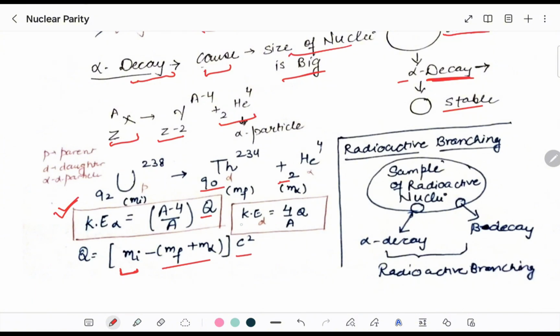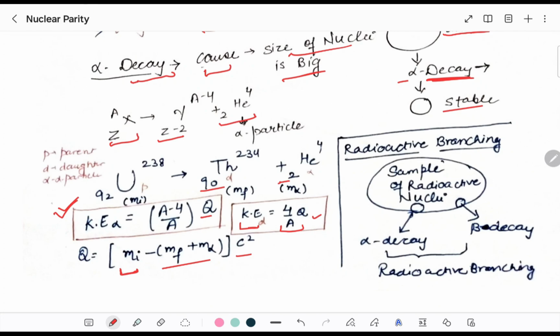And the kinetic energy of the daughter nucleus is 4/A into Q. That we must keep in mind: the kinetic energy of the alpha particle is always (A minus 4)/A into Q, and the kinetic energy of the daughter nucleus is always 4/A into Q.